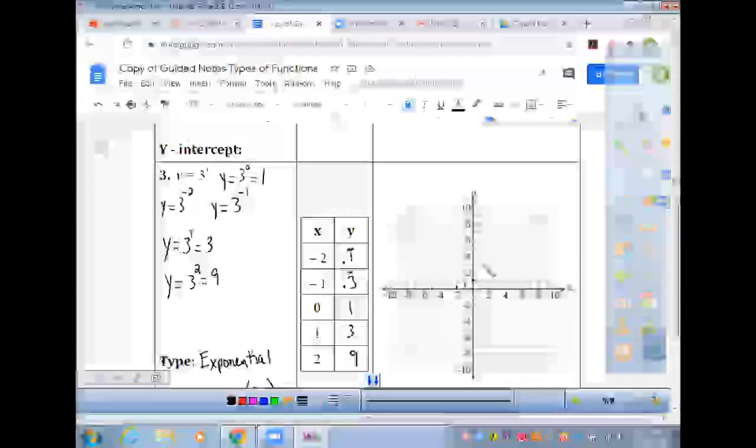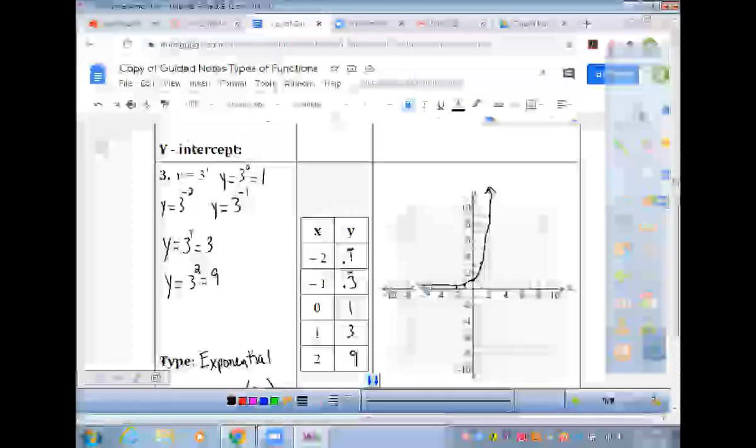And then 1 and 3, and 2 and 9. And again, kind of like the quadratic, I'm going to try to get my best little curve connecting all of those points.